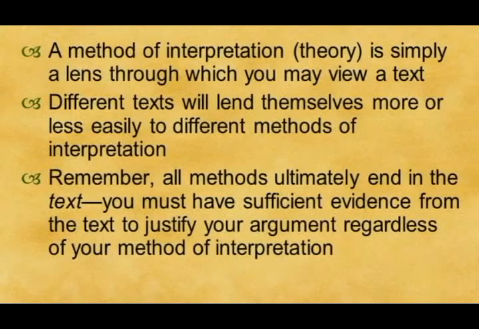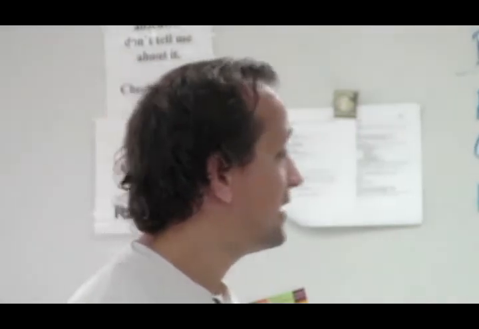But all methods ultimately end in the text, so you focusing and discussing that text. Even though the subject matter might be from different books or different sources, the process of you analyzing text is still the same. So don't forget that.